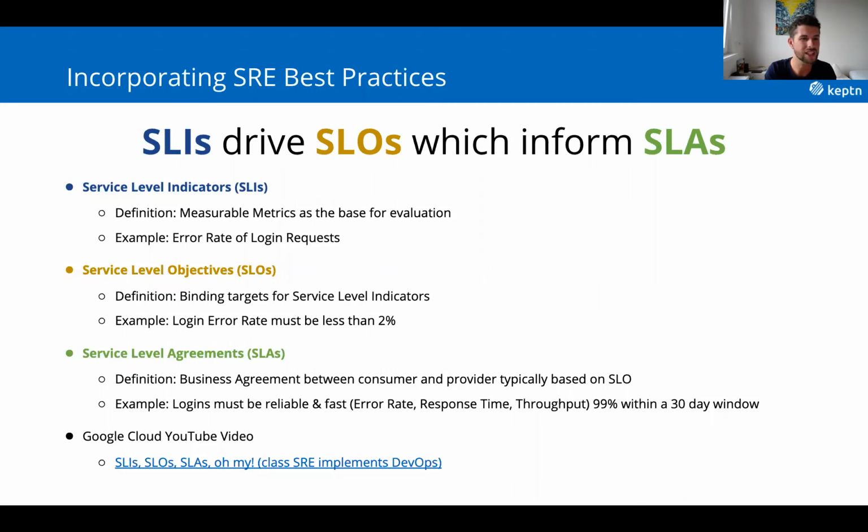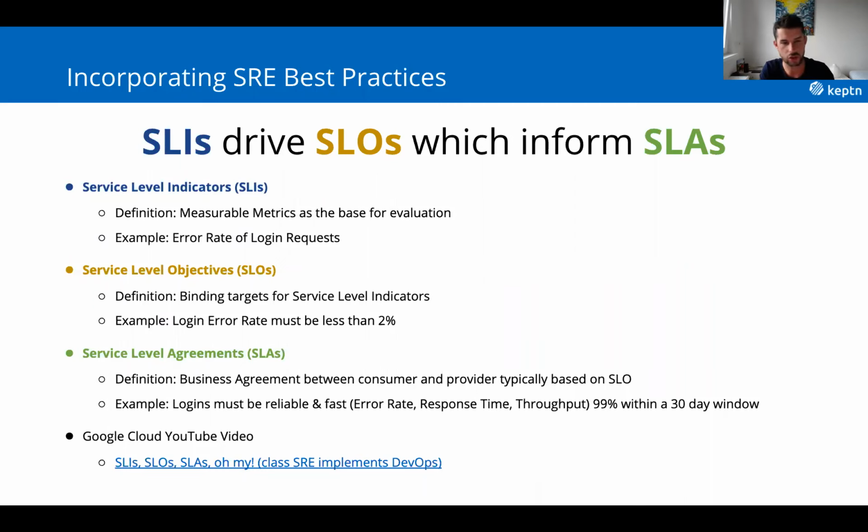First part is the service level indicators, or basically I just want to explain the first two parts here. The service level indicator is basically a metric. Let's just say it's a metric. That's one easy description of it. And one example would be the error rate of login requests. And the objective upon those service level indicators would say this error rate has to be less than 2%.